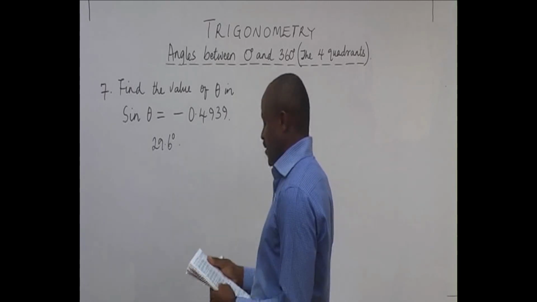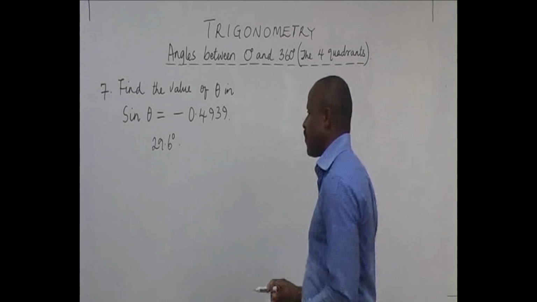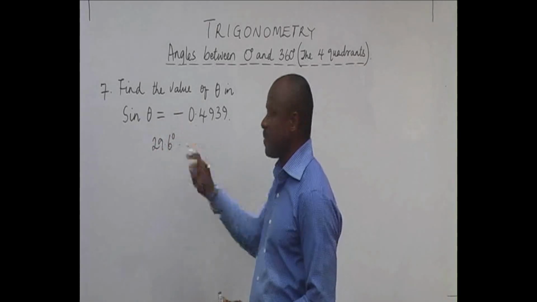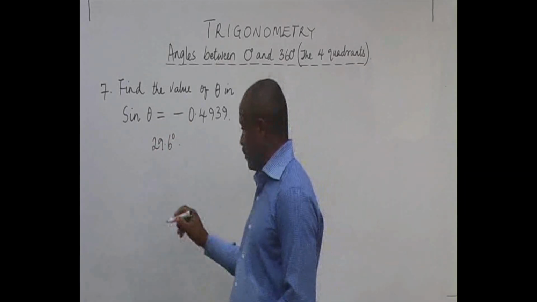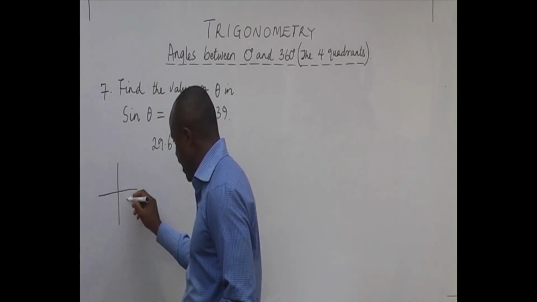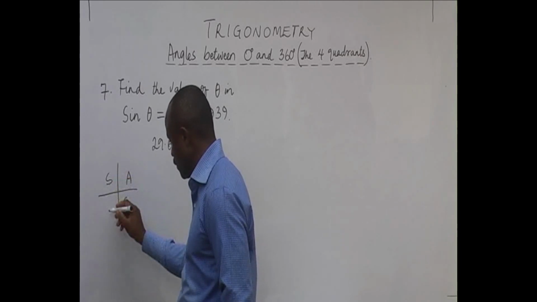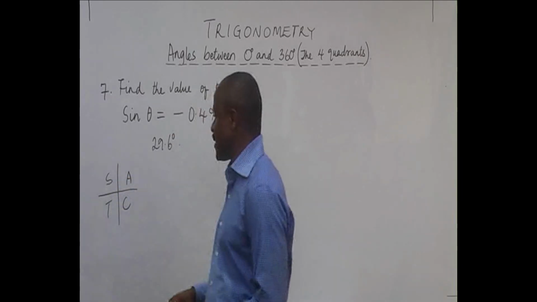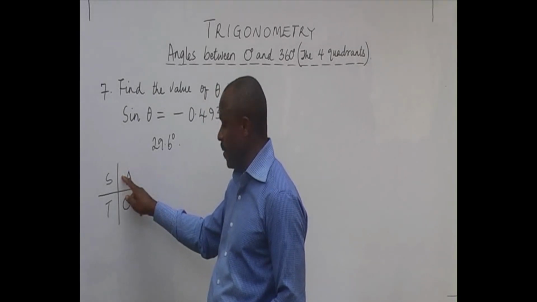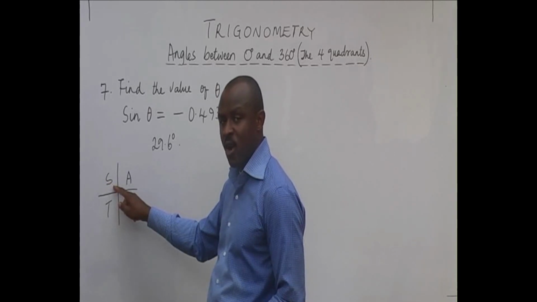The next stage of the question is, in which quadrant is sine negative? Sine is positive here because all the trigonometrical ratios are positive here. And sine is positive in the second quadrant.